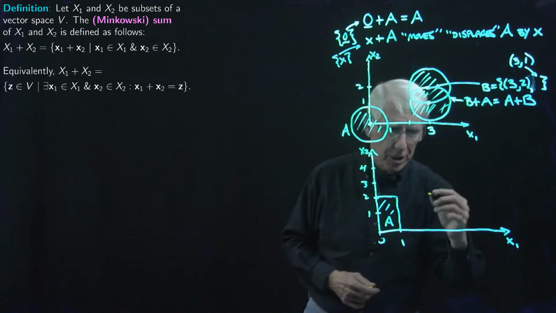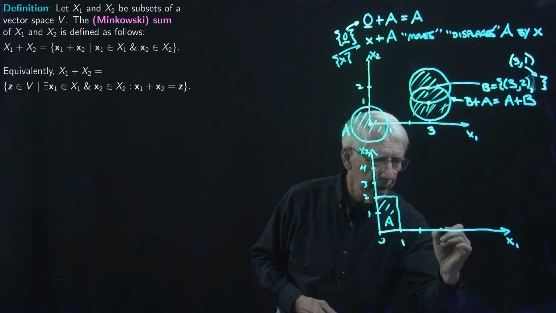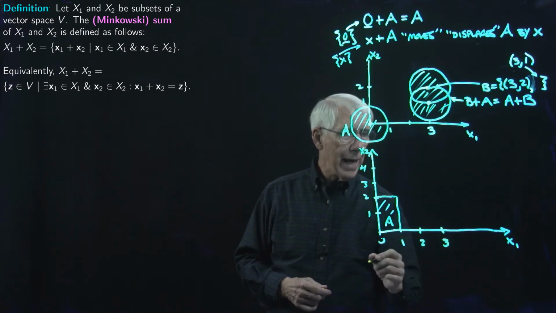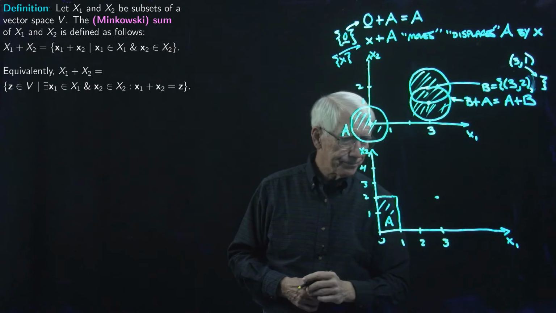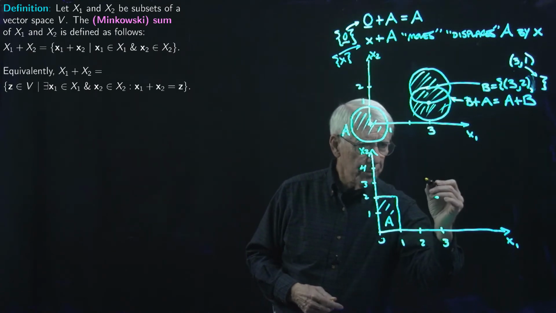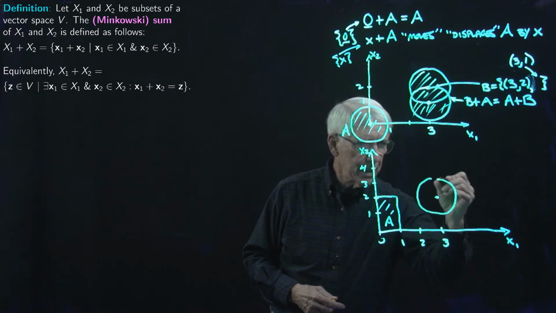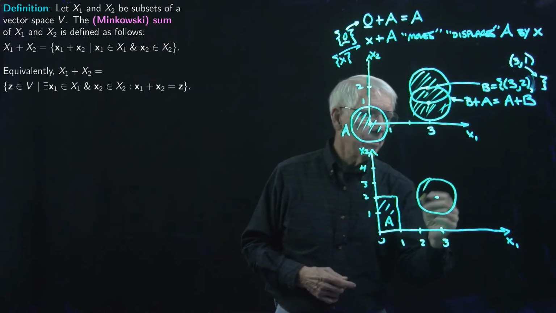But now we'll let that just be B. So here we have 2, here we have 3. And so that would be out here at (3, 2), and it would be the disk coming around here like this. So this is the same as the first disk I drew up here. So that's going to be B.